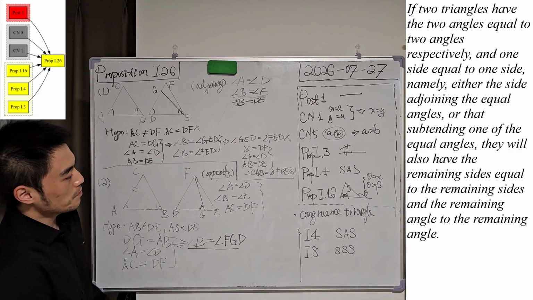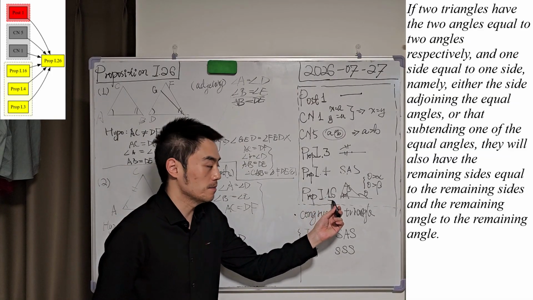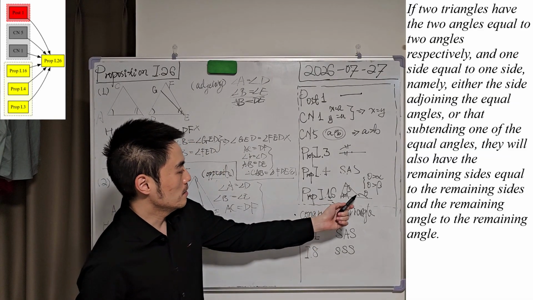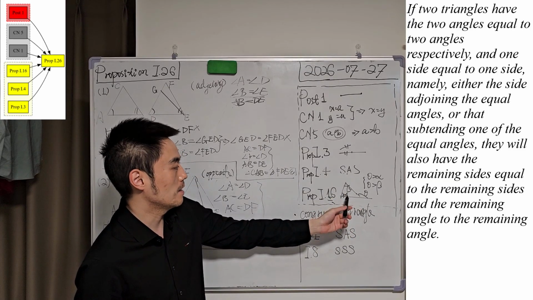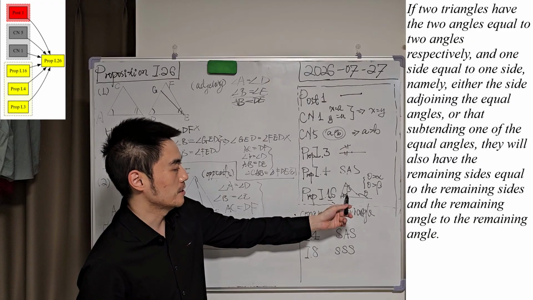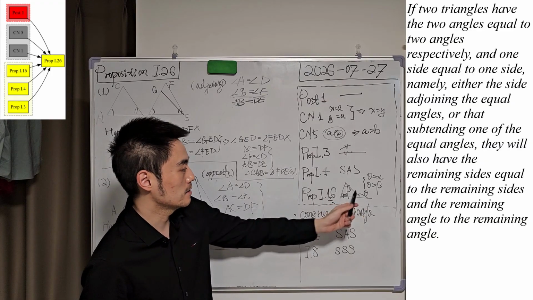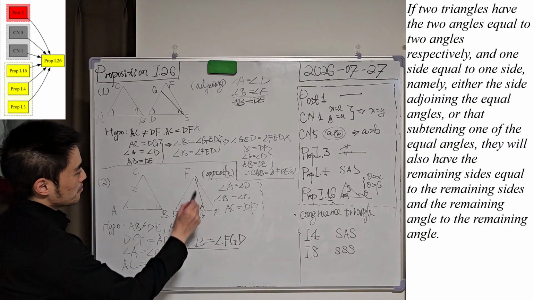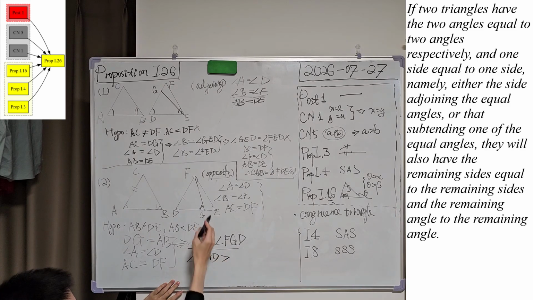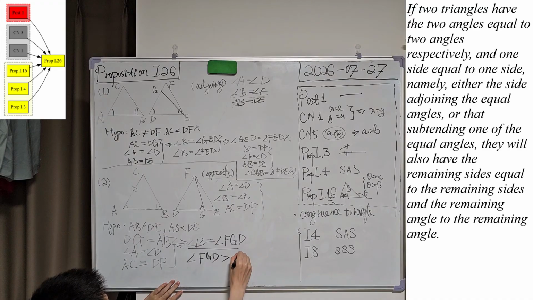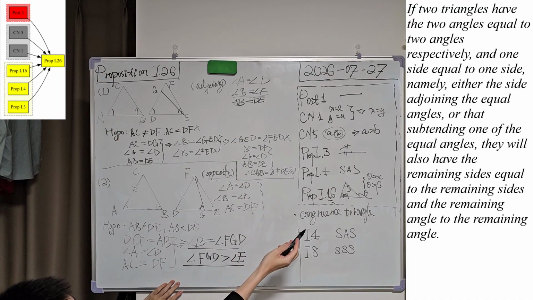Recall what we proved in proposition 16: the exterior angle of a triangle is greater than either of the two opposite interior angles. So angle FGD must be greater than the opposite interior angle E, because of proposition 16.